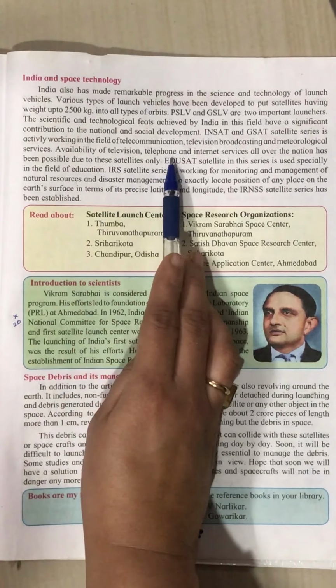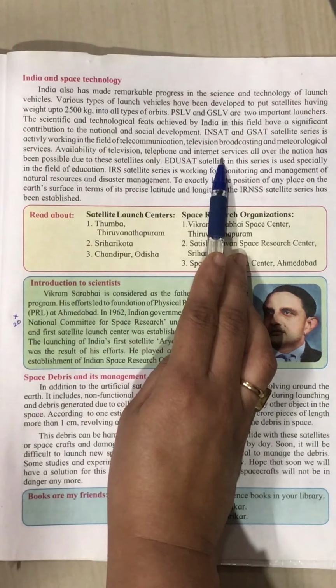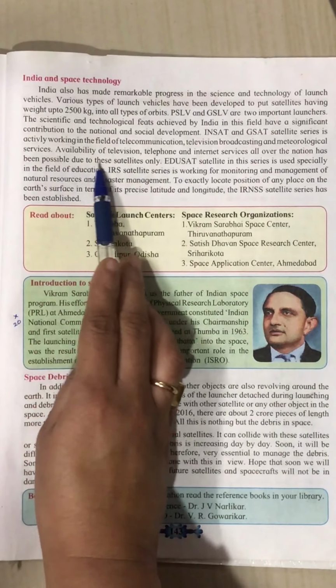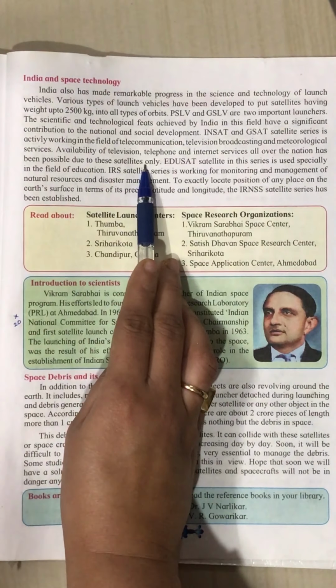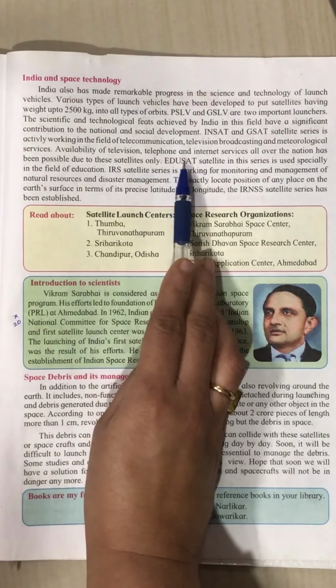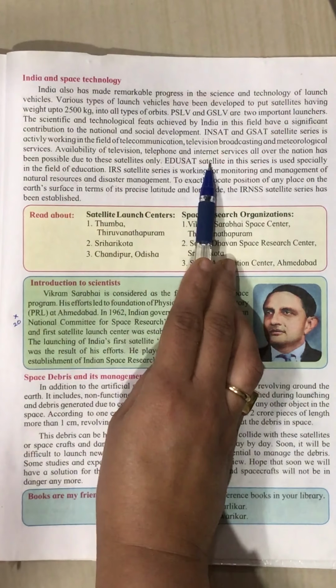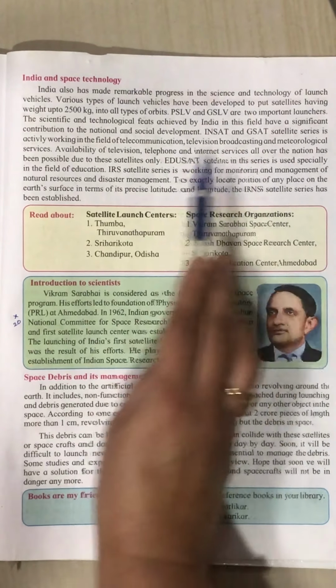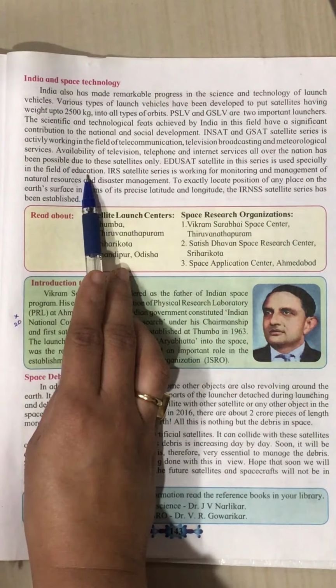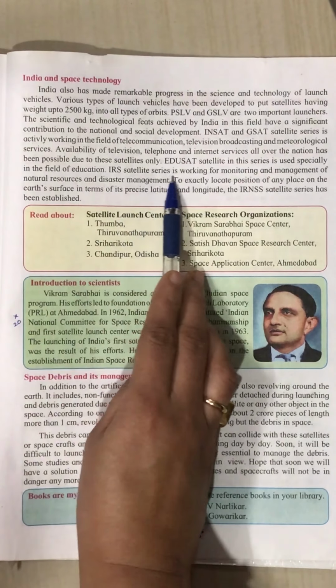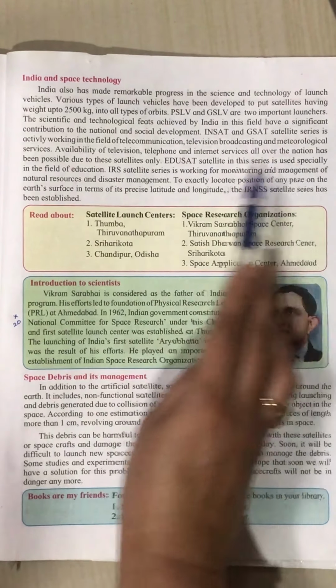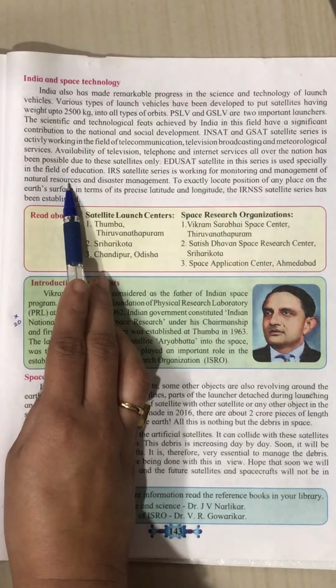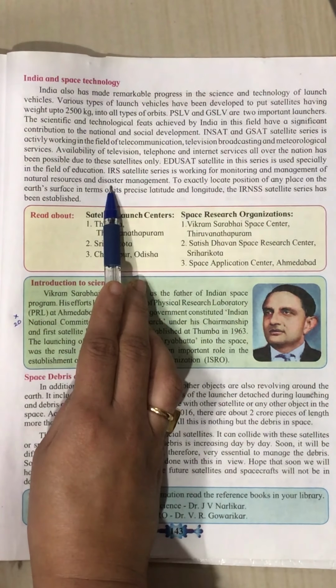Availability of television, telephone, and internet services all over the nation has been possible due to these satellites only. EduSat, you may underline this, a satellite in this series, is used specially in the field of education. The IRS satellite is working for monitoring and management of natural resources and disaster management.